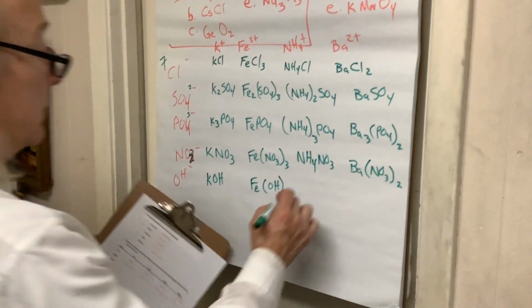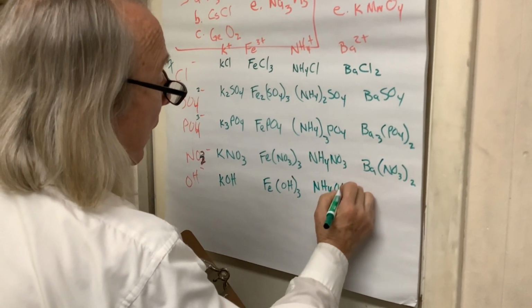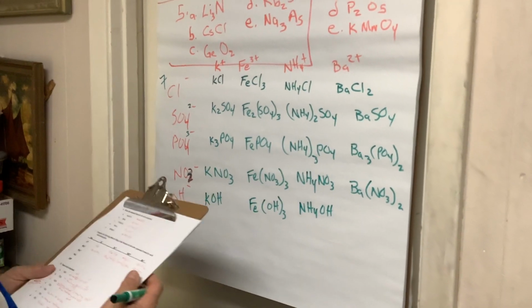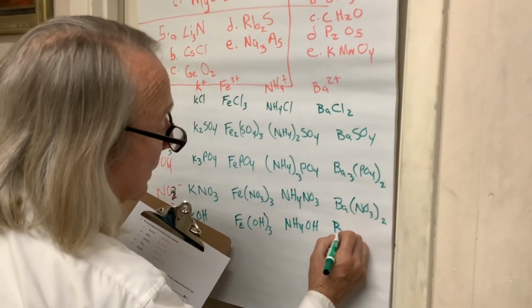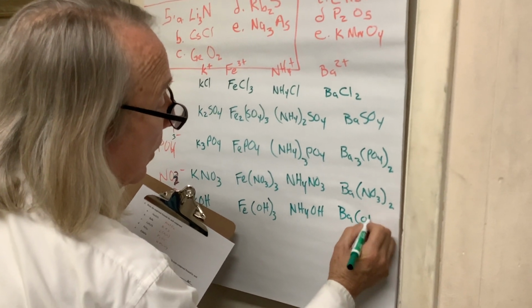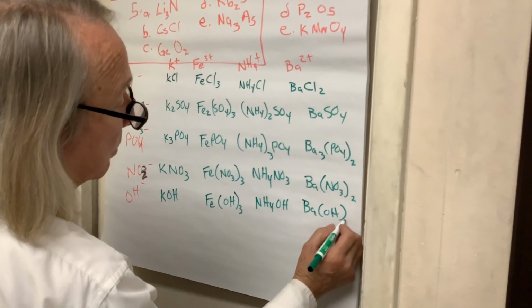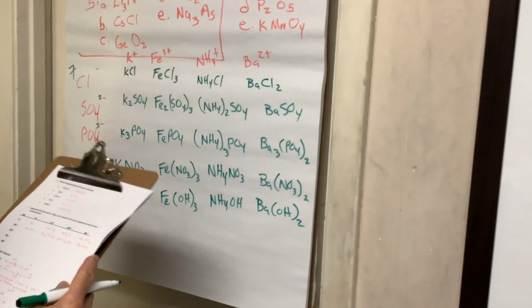Then ammonium hydroxide, a common laboratory base, comes in a bottle with a green top, and barium hydroxide. The OH is -1, the barium is 2 plus, so I need 2 OHs there. And that's it for number 7.